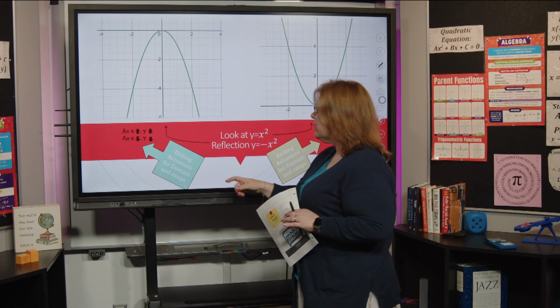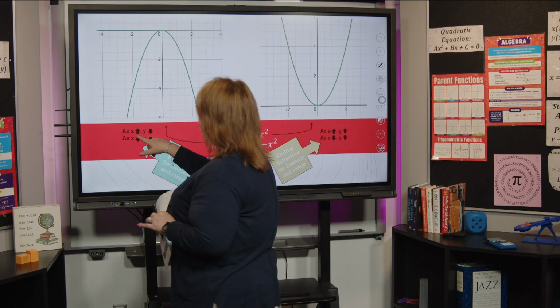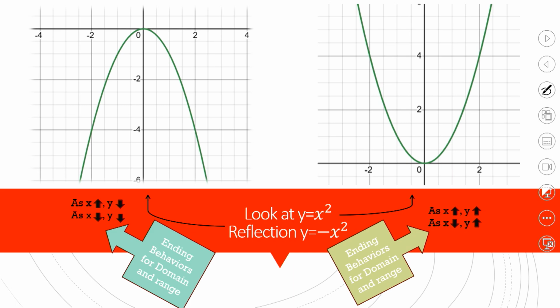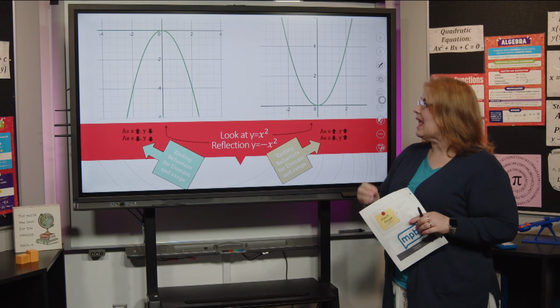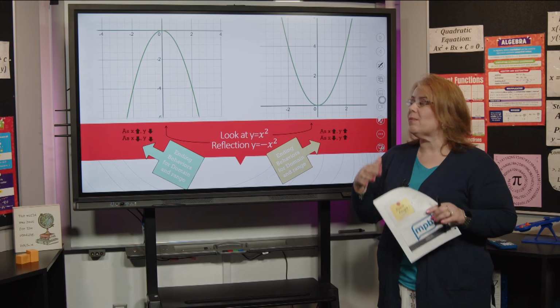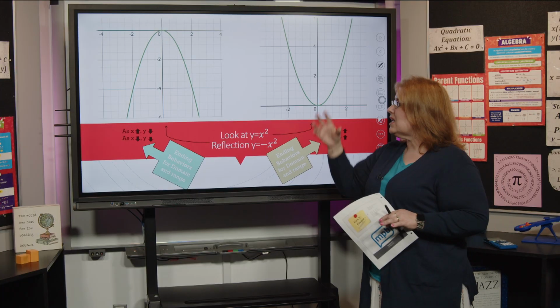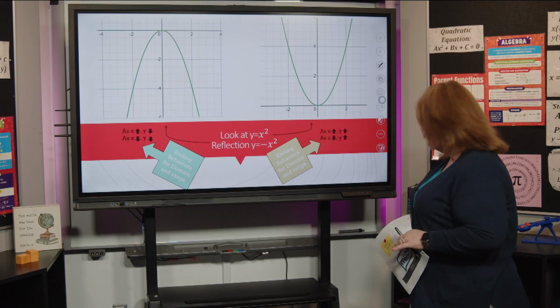When my x's increase, my y's are decreasing. And when my x's are decreasing, my y's are also decreasing. So make sure you're looking at the behaviors of these endings to see what you've got in these different polynomials.